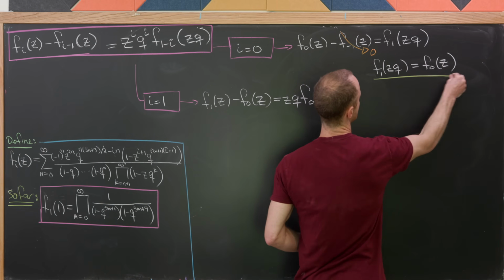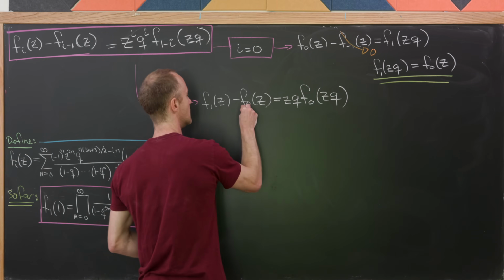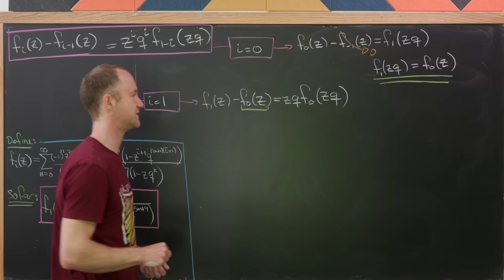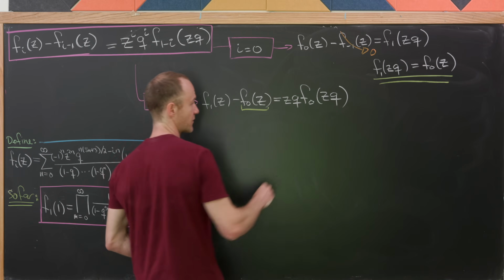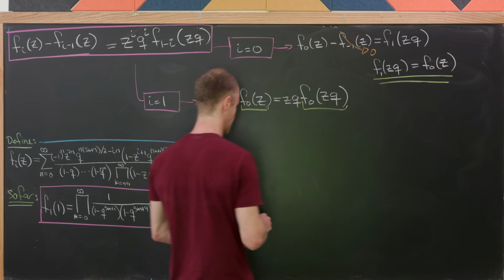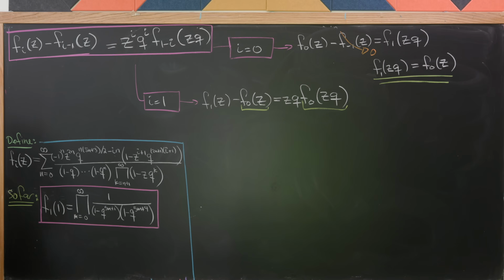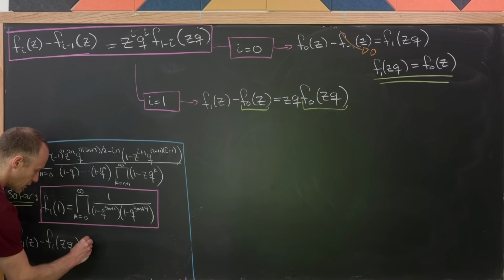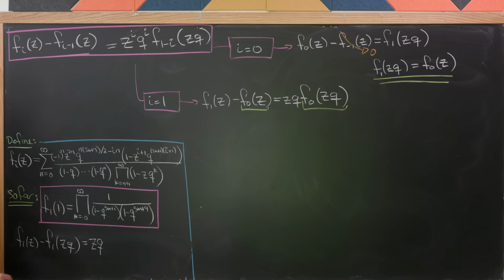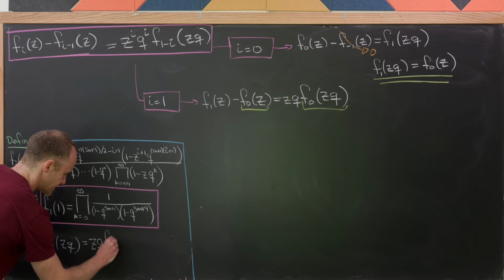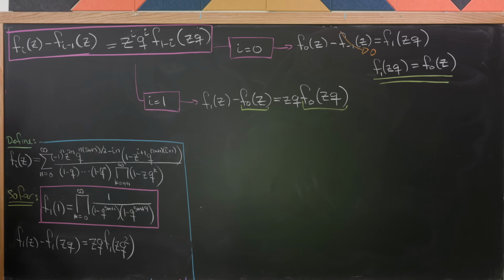Observe by this rule right here that I'm underlining in yellow, we can take this f sub 0 of z and rewrite it. Furthermore, we can replace this f sub 0 of zq, but that's going to give us a functional equation satisfied by f sub 1 of z. So we'll have f sub 1 of z minus f sub 1 of zq, making that first replacement, equals z times q times f sub 1 of z times q squared.